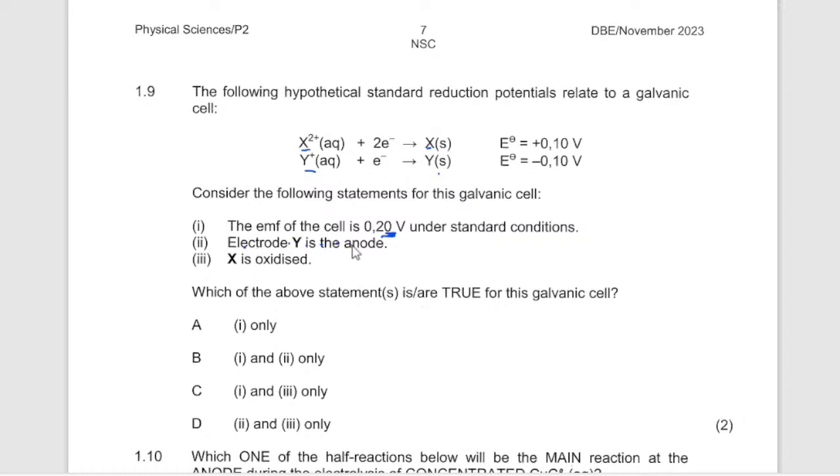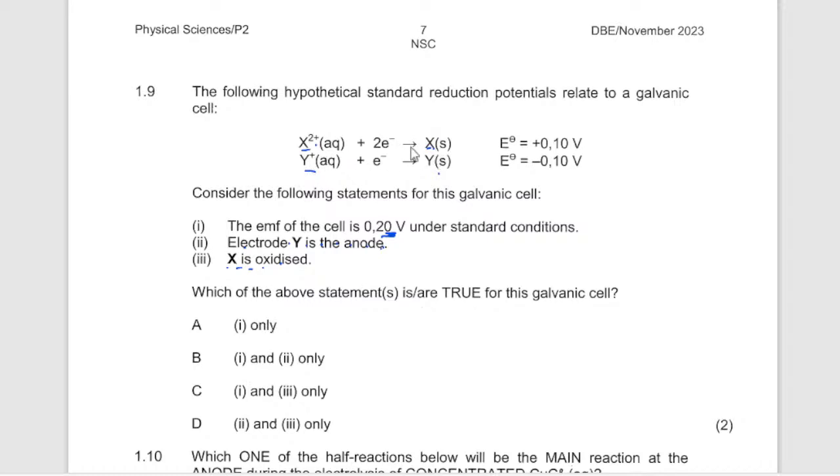Why is Y an anode? Why can't Y be an anode? Because X is oxidized. So if X is oxidized, let's see.